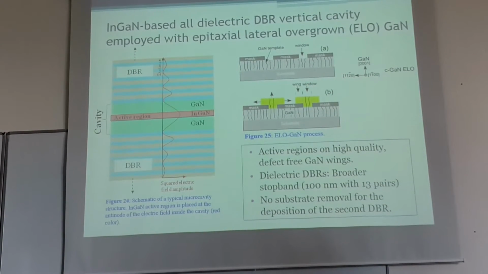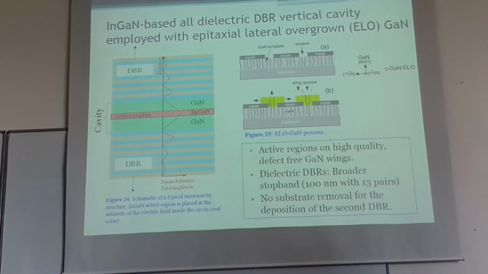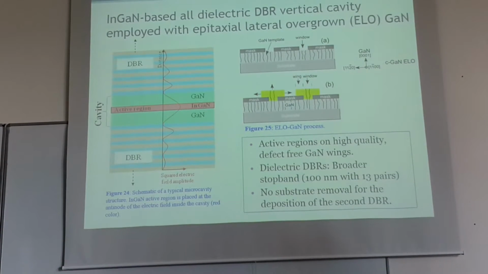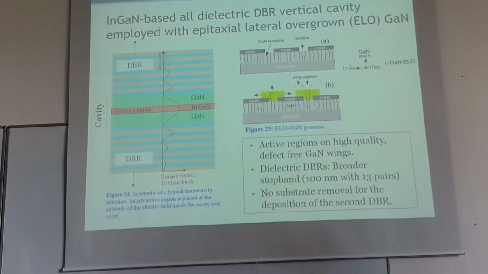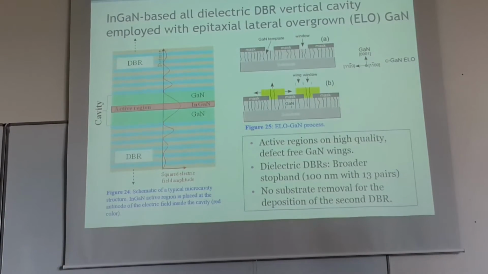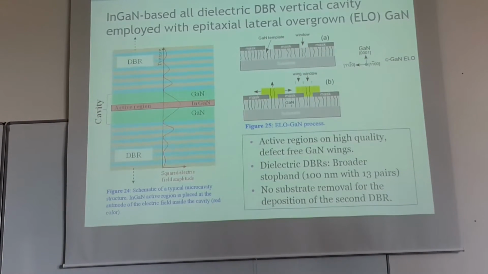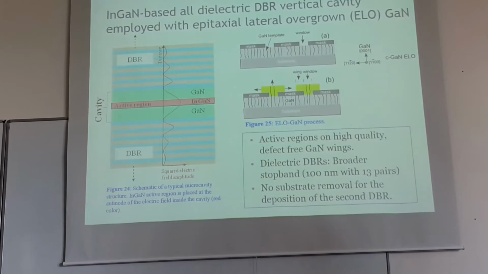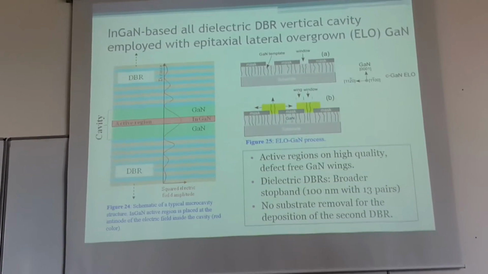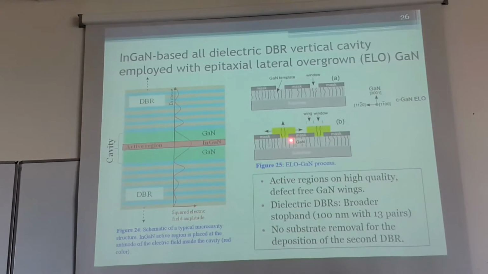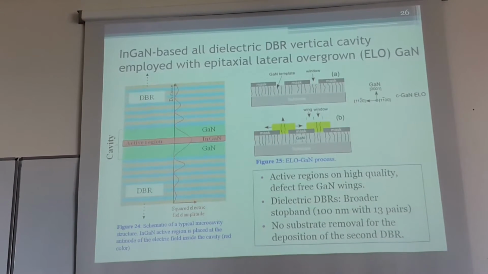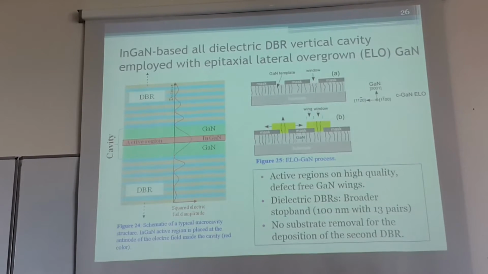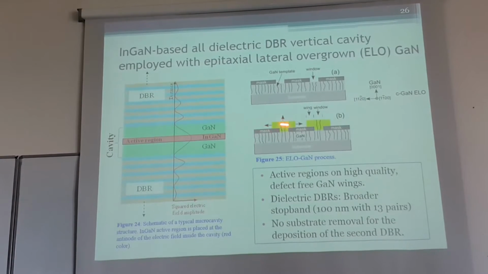Basically, what we do is we have a separate substrate. We first grow gallium nitride, which has a threading dislocation density of 10 to the 9, 10 to the 10. Then we use masks, silicon nitride, silicon dioxide masks, and we process and open openings. Then we again grow gallium nitride using the MOCVD technique. When we grow gallium nitride, the wings grow in this direction and this direction too.